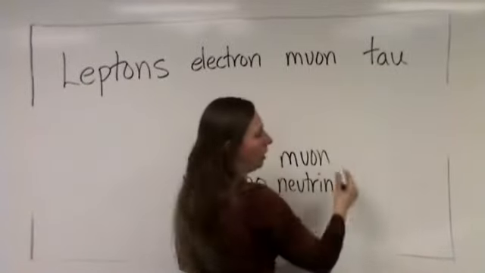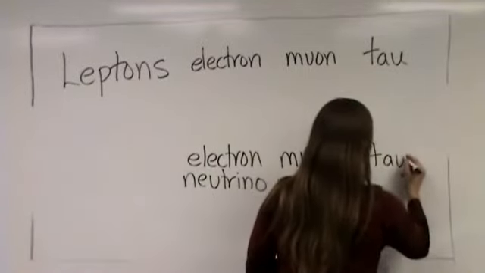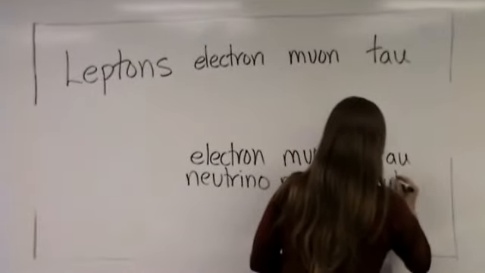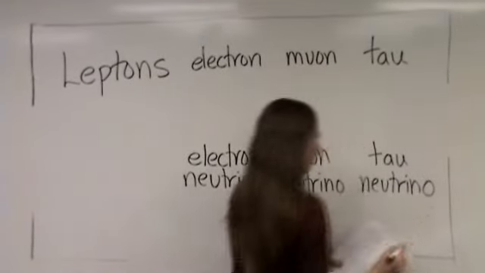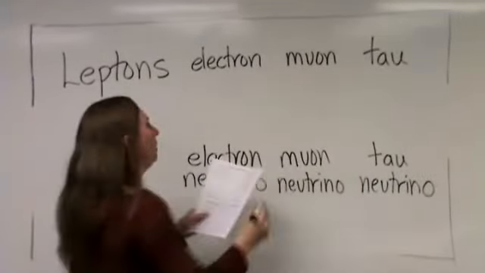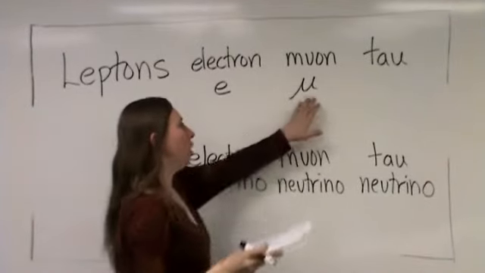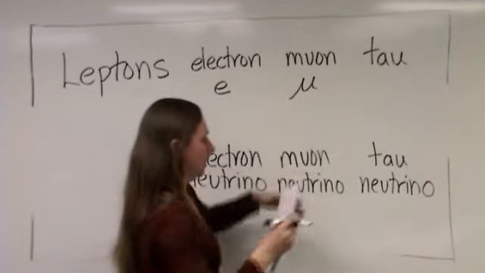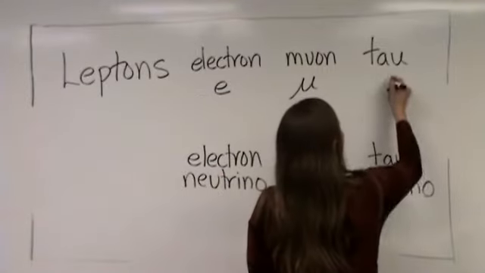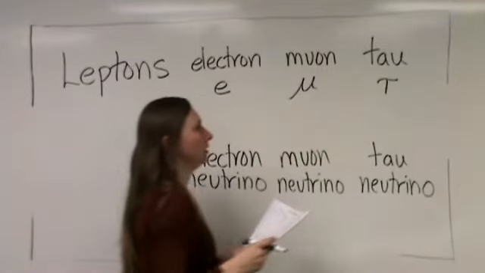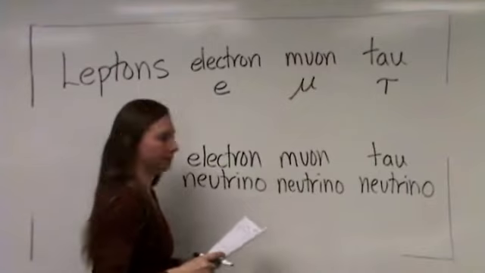And the tau particle has the tau neutrino. What are the symbols? Electron, muon. Muon is the Greek letter mu, the same as the coefficient of friction. The tau particle has a lowercase Greek tau.